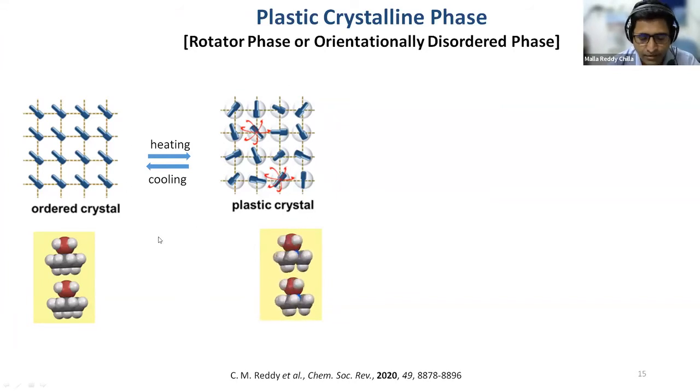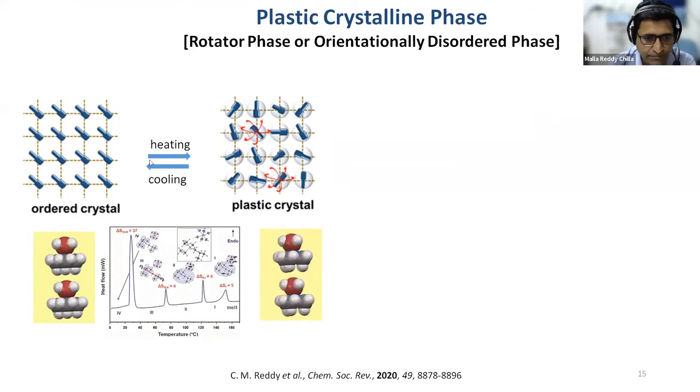When you melt something from the ordered phase, it directly goes into the melt phase, and then you have all kinds of rotational degrees of freedom. So you have a big entropy change or enthalpy change, right? When ordered crystals go into plastic crystals in the solid state, you have orientational motions. This takes a lot of energy, right?